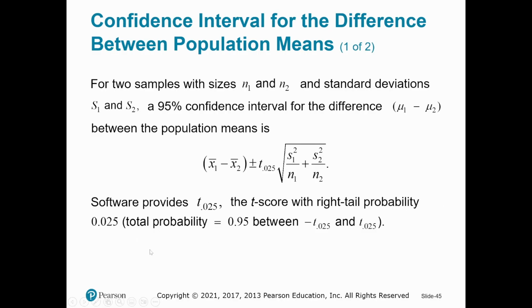So the total probability is 0.95 between these two student's t critical values. This is the 2.5th percentile of the student's t distribution. And this is the 97.5th percentile of the student's t distribution.